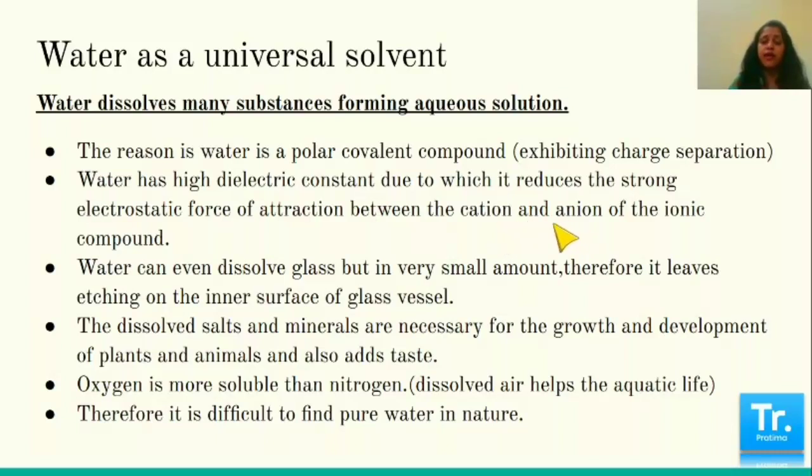So the sodium and chloride ions are attracted together in the ionic bond with a strong electrostatic force of attraction. Due to water's high dielectric constant, this force of attraction is reduced, weakened. Thereby, it can mix properly with the help of this polar covalent nature exhibiting charge separation.